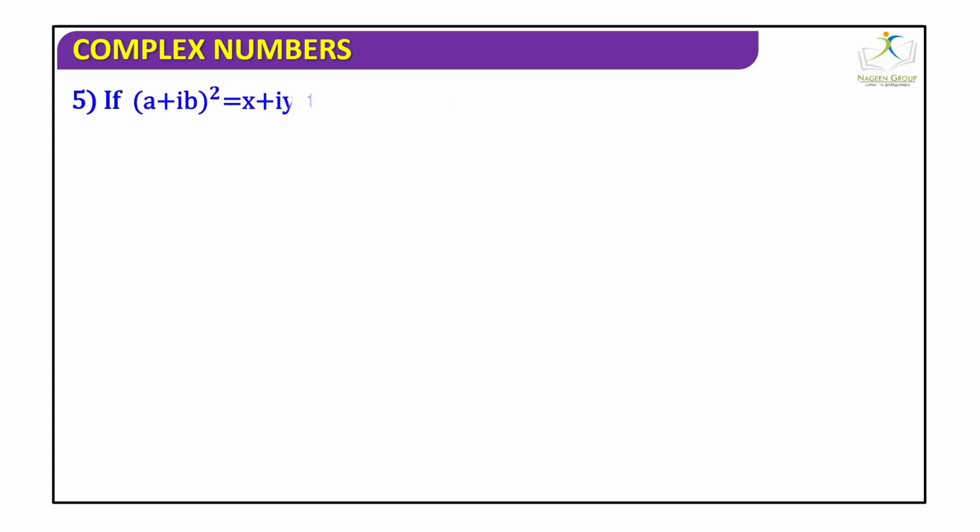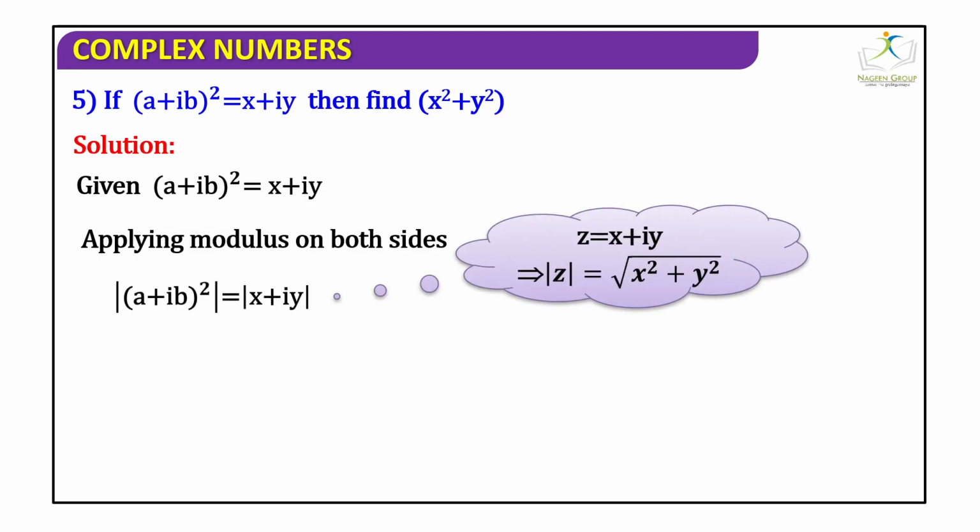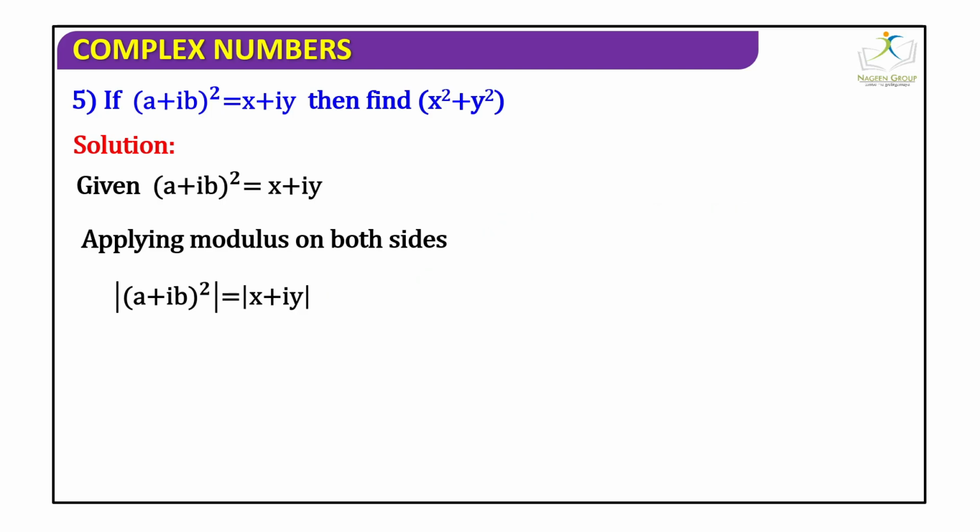Now question number 5: if a plus iota b whole square equals x plus iota y, then find the value of x square plus y square. Now in this type of question, first we solve it, a plus iota b, right? Applying modulus on both sides. So we apply modulus, and the modulus value we know is equal to under root of x square plus y square. From here we have a property also if you want to apply, and simply if you are applying then it is okay.